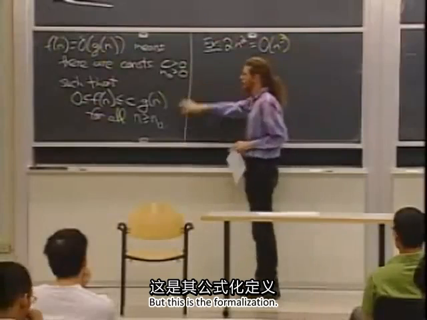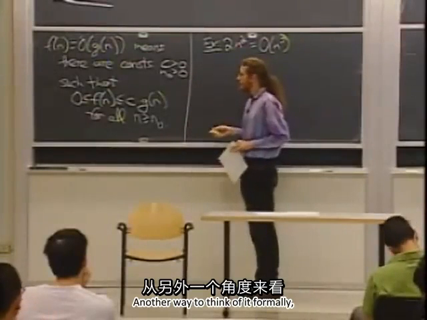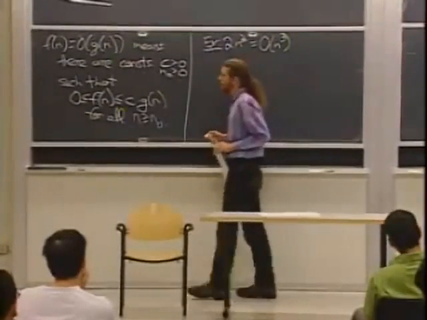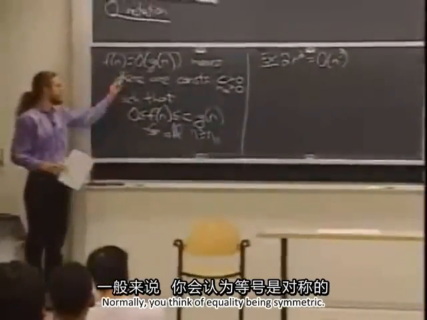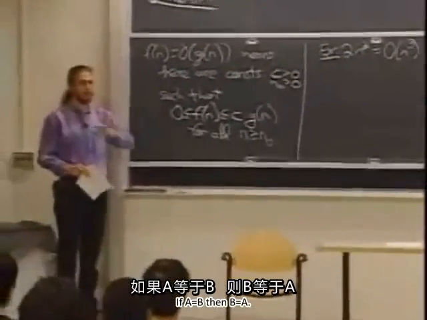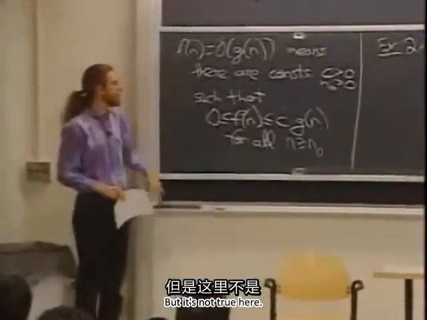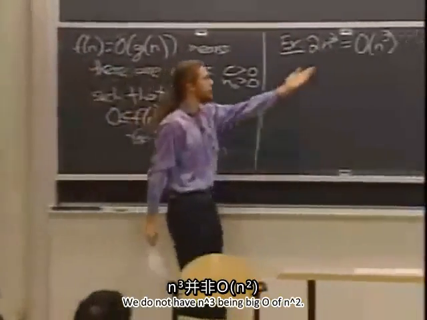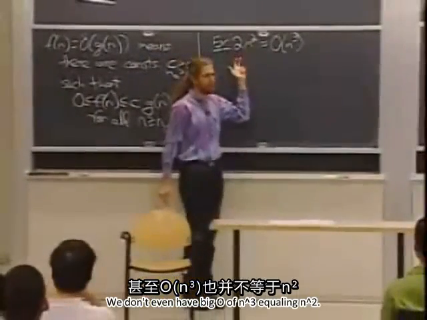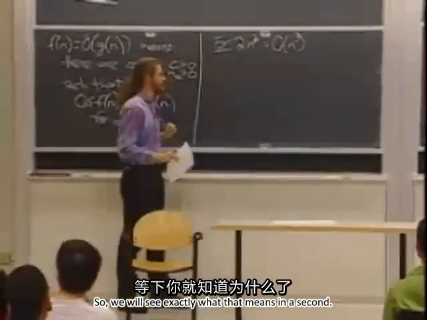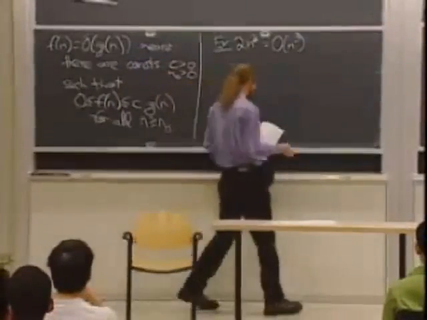But this is the formalization. A funny thing about this notation is that it's asymmetric. Normally you think of equality being symmetric: if A equals B, then B equals A. But it's not true here. We don't have n cubed being big O of n squared. You don't even have big O of n cubed equaling n squared. So we'll see exactly what that means in a second.